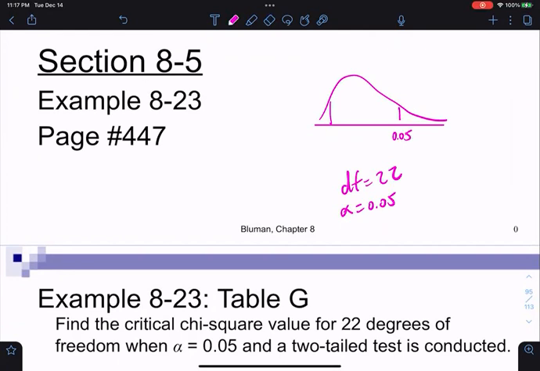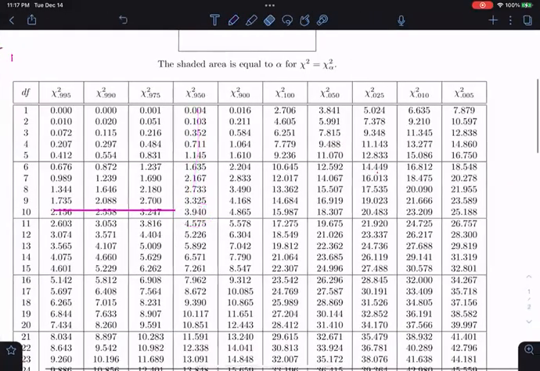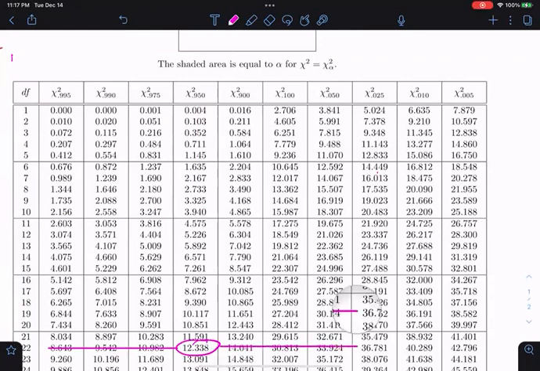But if you want to find the other one, you have to use 0.95 and 22 degrees of freedom. So let's find those values: 22 and 0.05, and then the other one, 22 and 0.95.